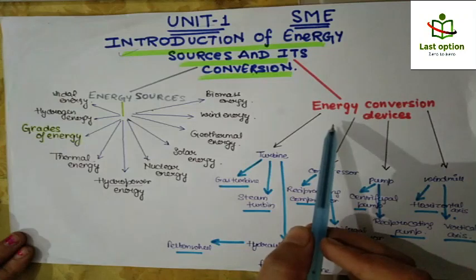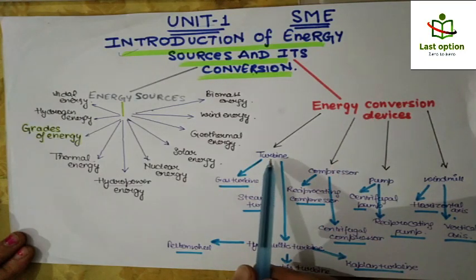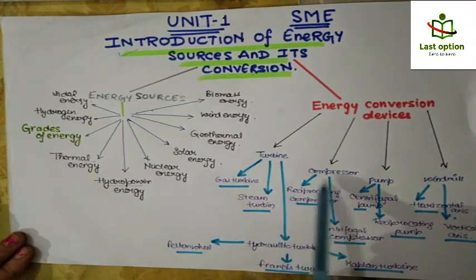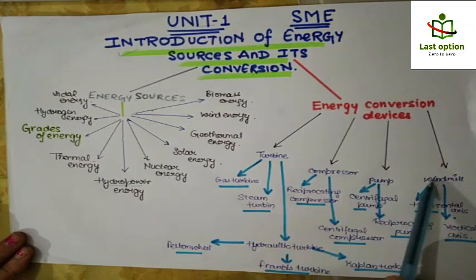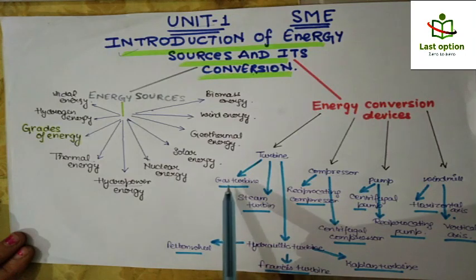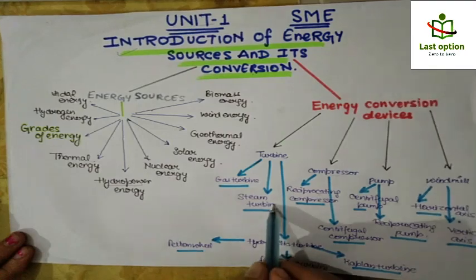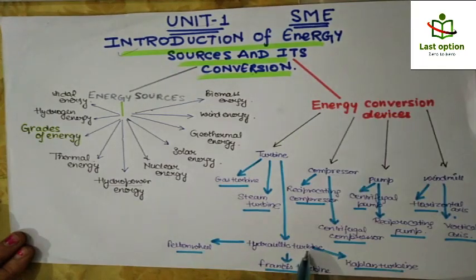Okay, and in chapter 2 we have to cover energy conversion devices, which are turbine, compressor, pump, windmill. Turbine is also subdivided. There are subtopics in turbine, that are gas turbine, steam turbine, hydraulic turbine.